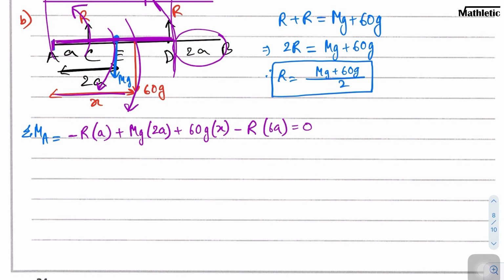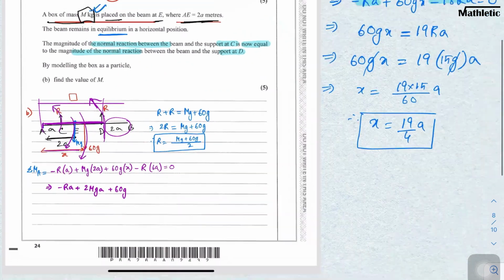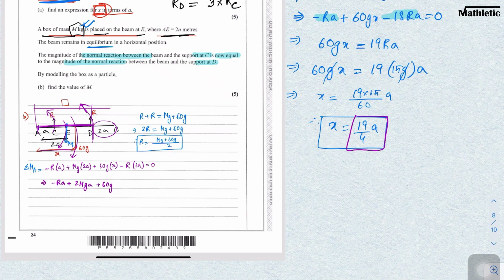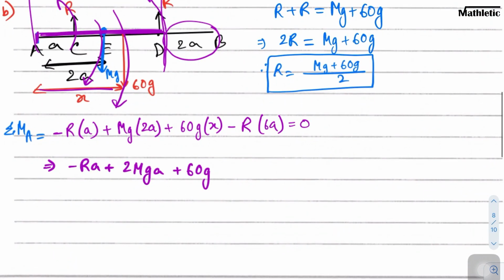Next we need to just simplify this one. So minus Ra, 2mga, plus 60gx. x is 19 by 4a, minus 6Ra.